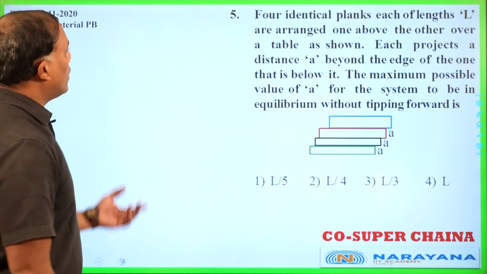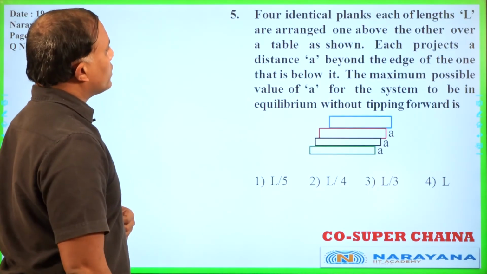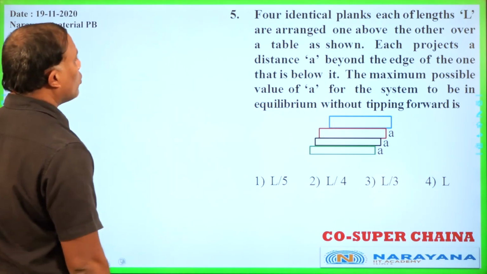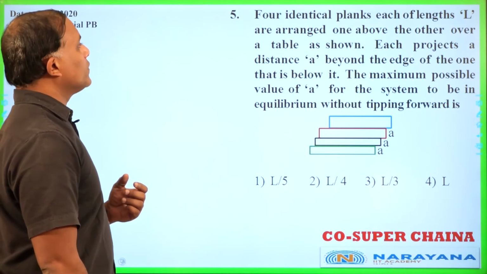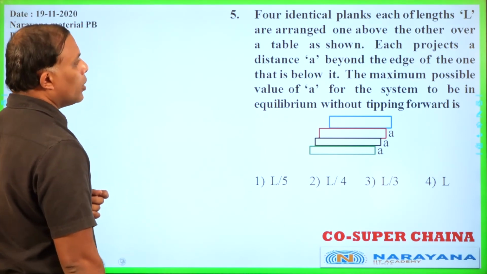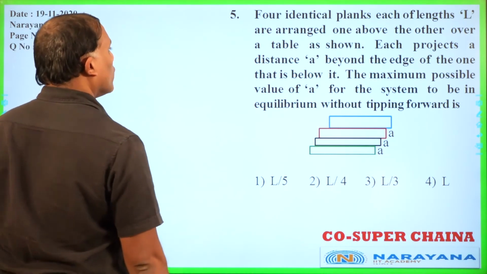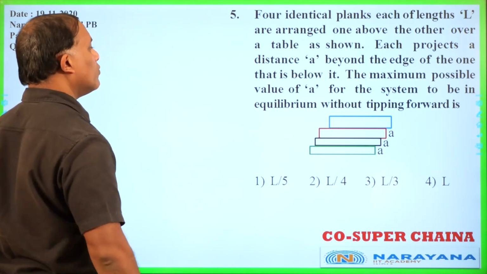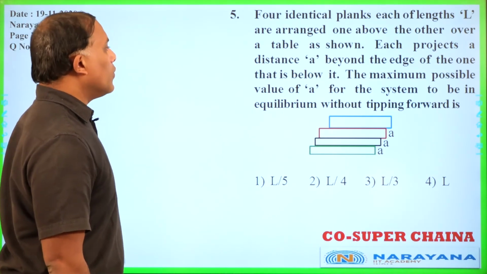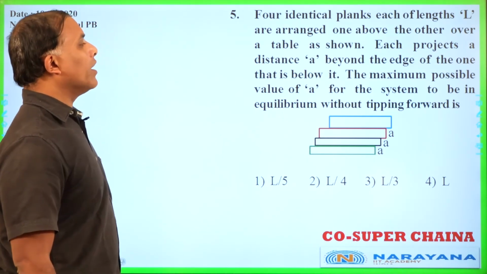Next, 4 identical planks each of length L are arranged one above the other over a table as shown. Each projects a distance A beyond the edge of the one below it. What is the maximum possible value of A for the system to be in equilibrium without tipping over?